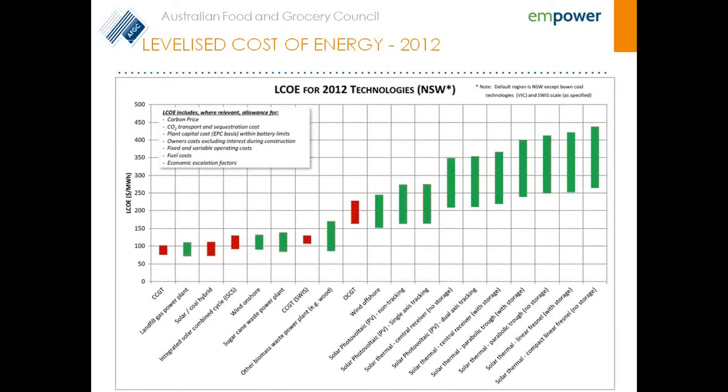So this slide and the next one show what is called the levelized cost of electricity for a variety of technologies. The levelized cost of electricity is an interesting concept because what it tries to measure is, over the life of the piece of equipment that's going in there, what is the average price of electricity?